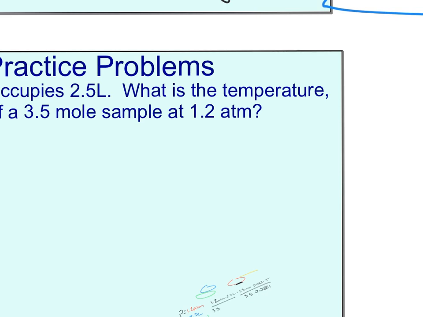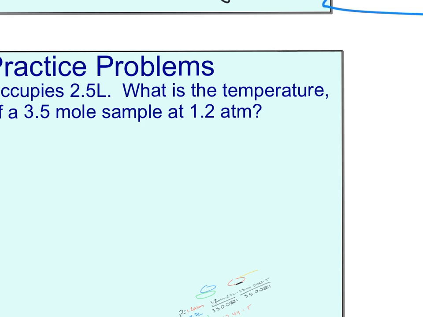So I'm going to type into my calculator 1.2 times 2.5 divided by 3.5 times 0.0821. With that, I get 10.44 equals T.